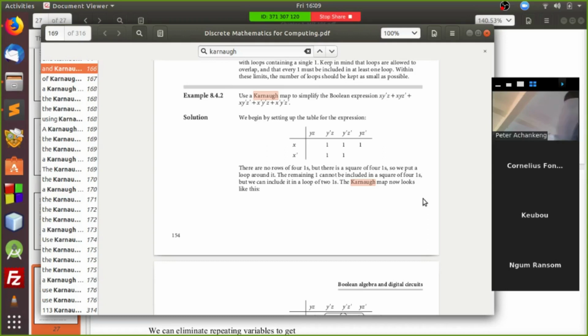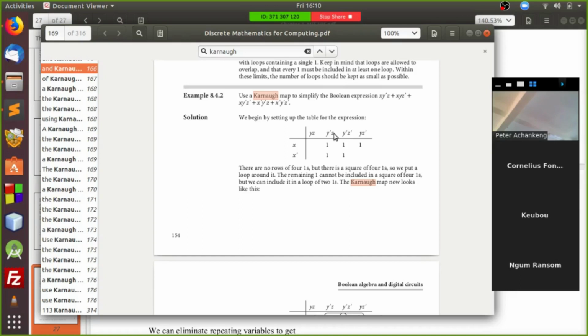Between every 2 adjacent terms, when you have 3 variables, this is how you're going to arrange it. Notice that between yz and y prime z, what's the common variable there? Z. Between this and this, Z is common.